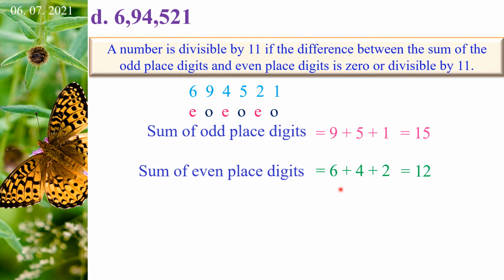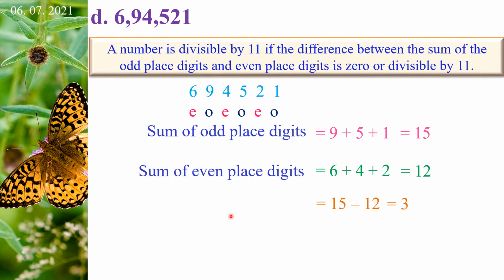Okay. So let's find the difference between the sum of odd place digits and even place digits. So we get 15 minus 12, which is 3. So here, is 3 divisible by 11 or a multiple of 11? No. 3 is not a multiple of 11 and not divisible by 11.